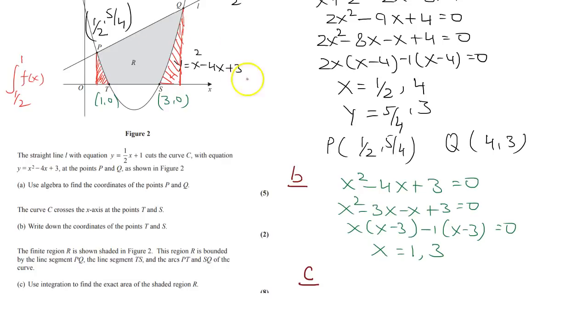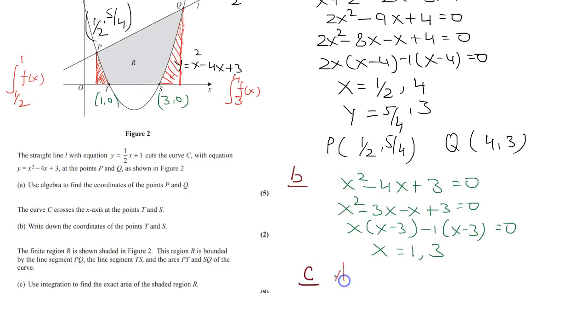So integrate f(x). Now this one. This coordinate is 3. And this coordinate is, what was it? It was 4. Yes, 4. 3 to 4 f(x). If we get these areas and subtract from the area of a trapezium.